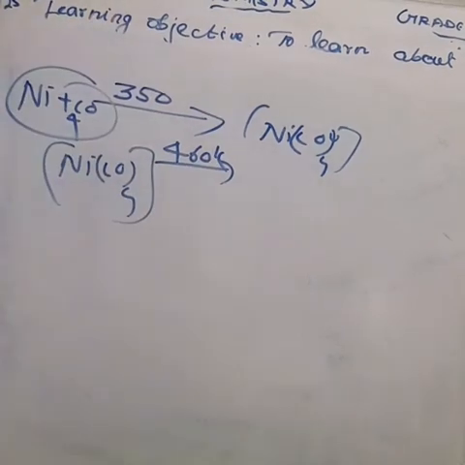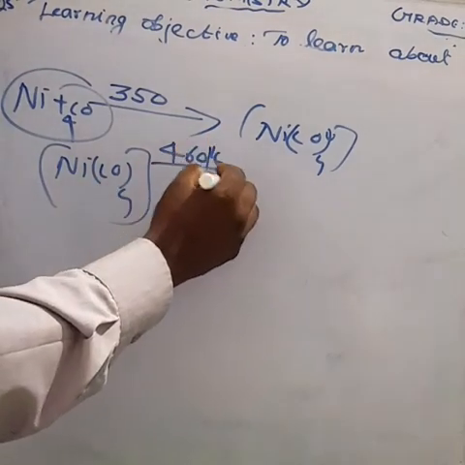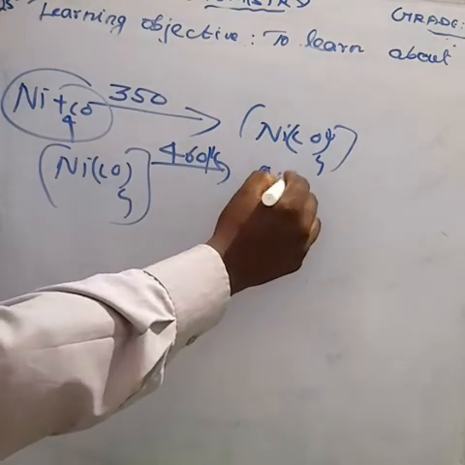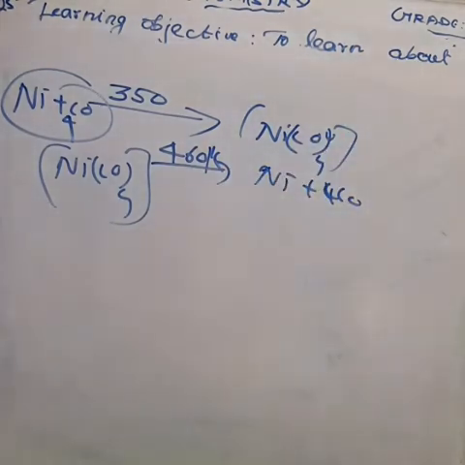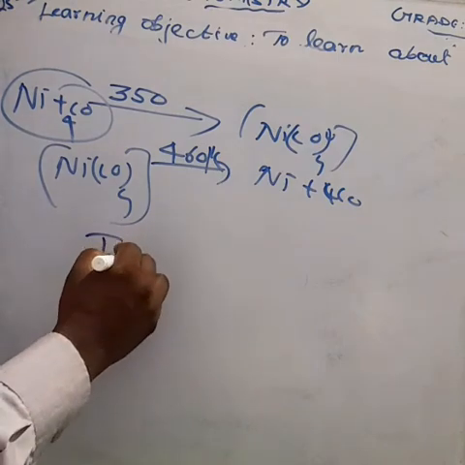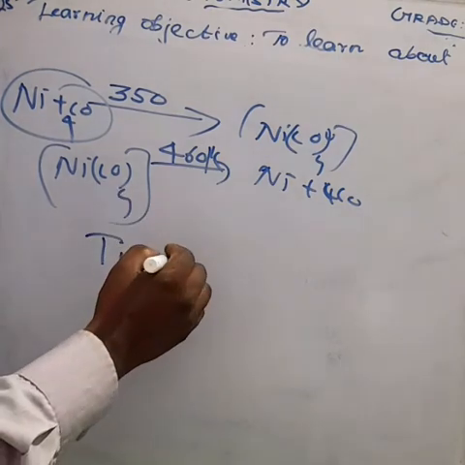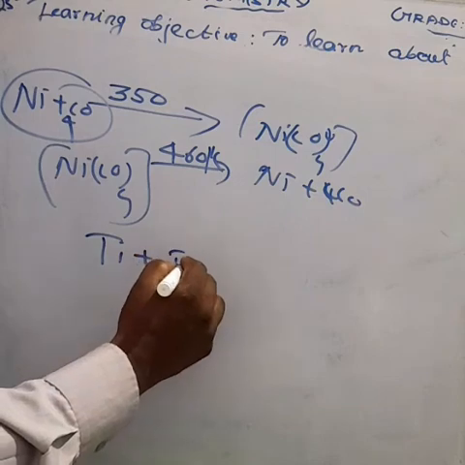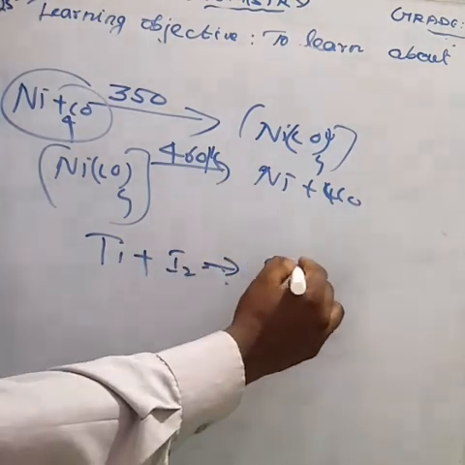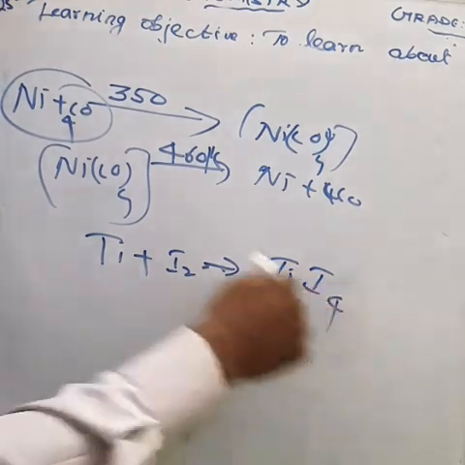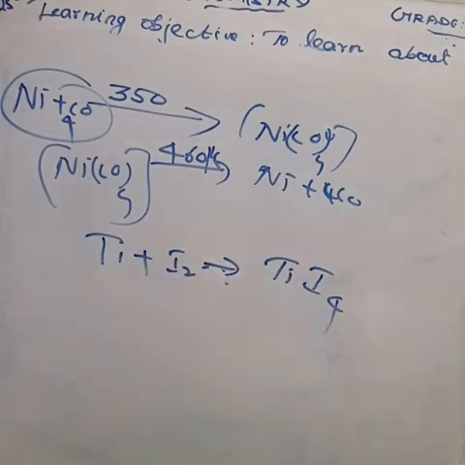Next, the Van Arkel method, the refining of zirconium and titanium. We are taking titanium. The impure titanium is taken in a solid state and combines with iodine. We get titanium tetraiodide, which is a volatile substance. What's the meaning of volatile substance? Easily evaporating substance.